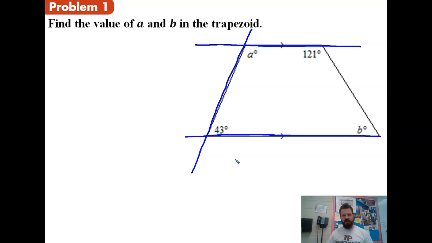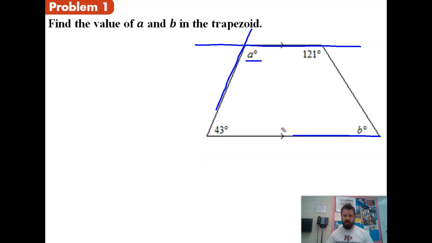Now, as far as parallel lines and transversal goes, we'd say that this angle A and the 43 are same side interior angles. And back in chapter 3 we said that if the lines are parallel with the transversal, same side interior angles are supplementary, or add to 180. We're going to approach this trapezoid problem basically the same way.